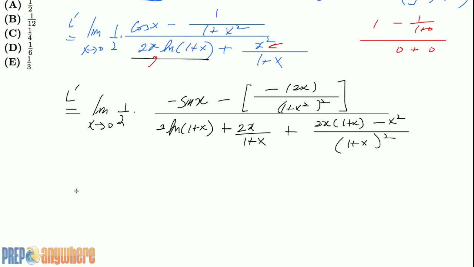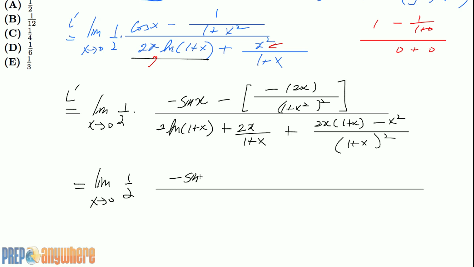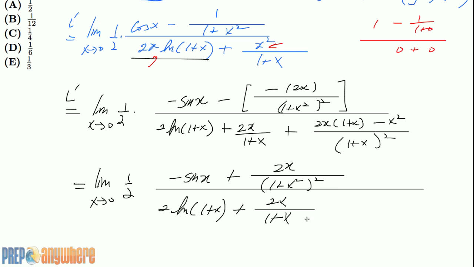Okay, so let's organize ourselves a little bit here. The top: minus sine of x, two negatives, so plus 2x all over 1 plus x squared. Here we get a 2x plus 2x squared.